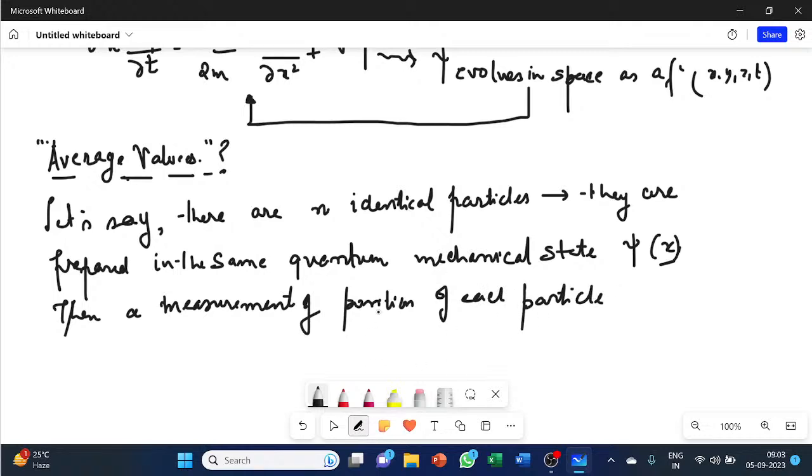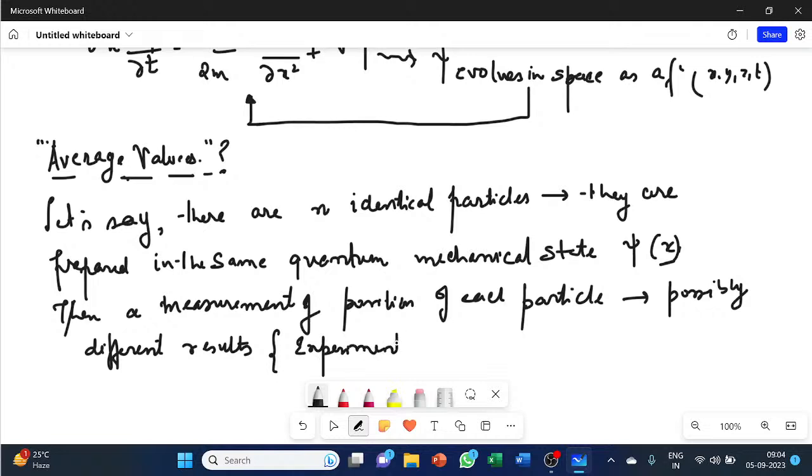So if I try to take the measurement of position of each particle, it is going to give me, you can say, possibly different results. Okay. So this is, you can say, experimentally governed. So you cannot do anything about it. Prior to measurement, you don't know.